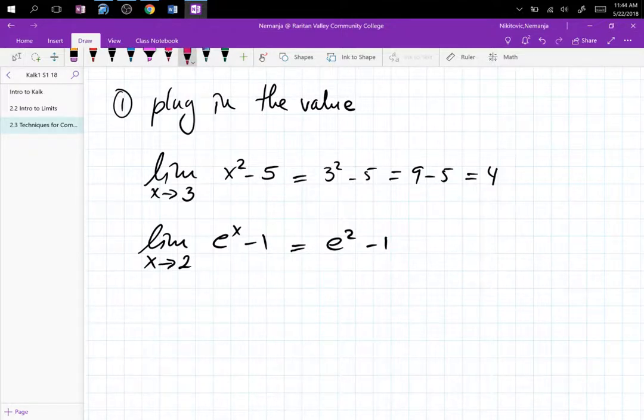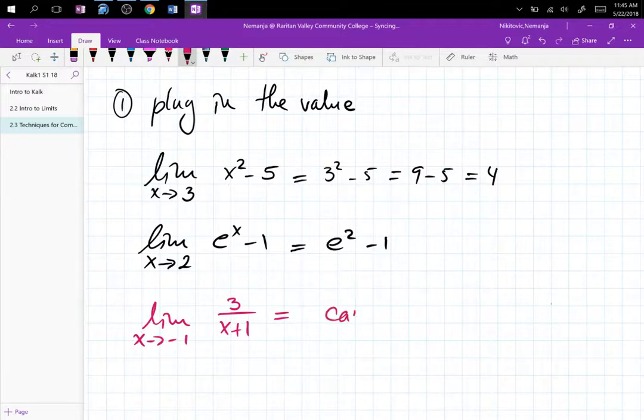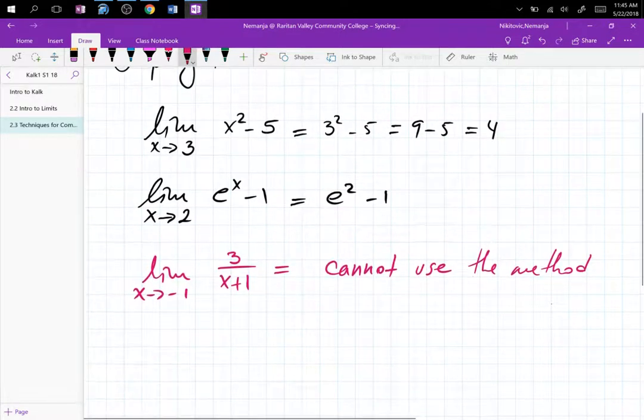Now, if you have the limit of 3 over x plus 1, as x goes to negative 1, you cannot use the method here. Because the method will give you 3 over 0.